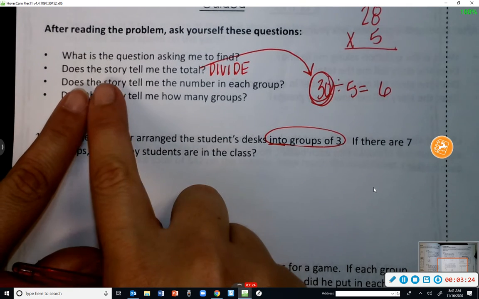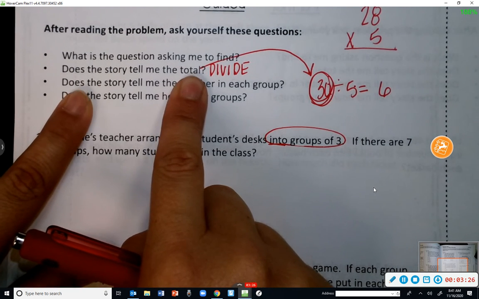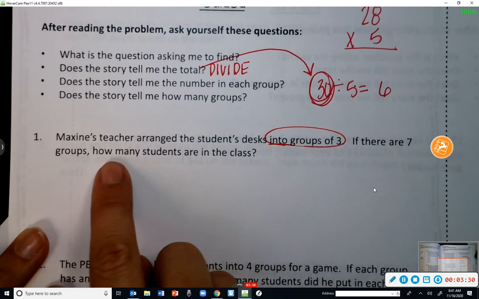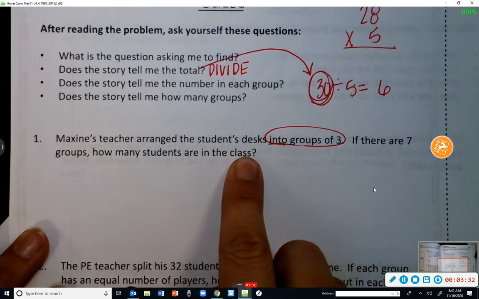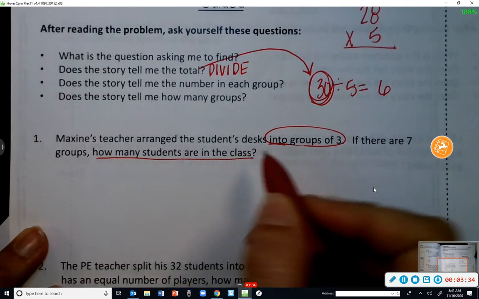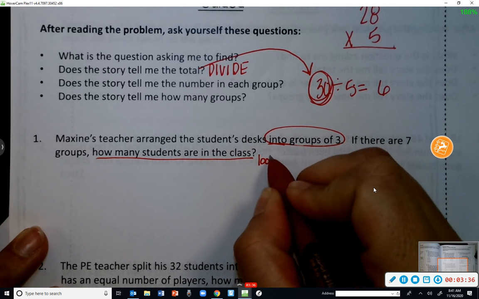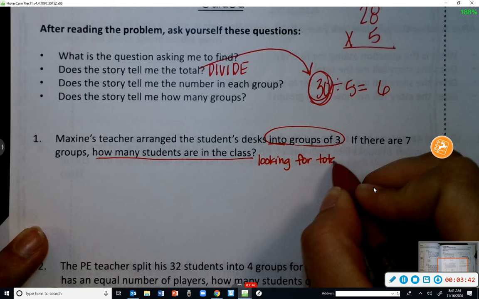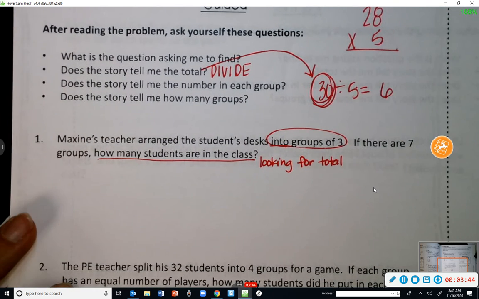Does it tell me the total? No. Are we looking for a total? Yes, because it says how many students are in the class. That tells me I'm looking for a total. I want to know how many total students in the class. Okay?